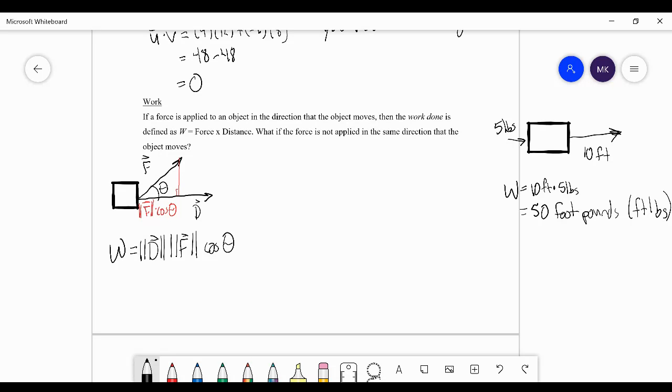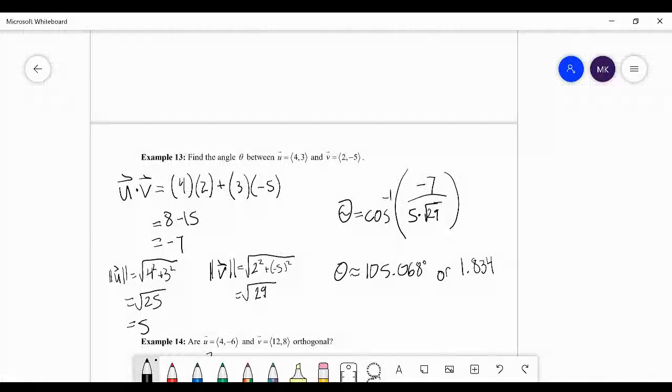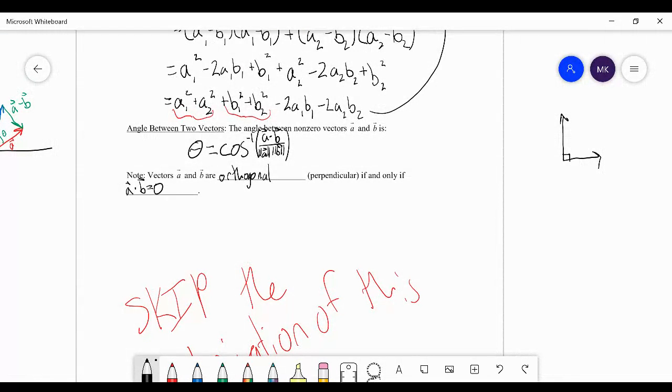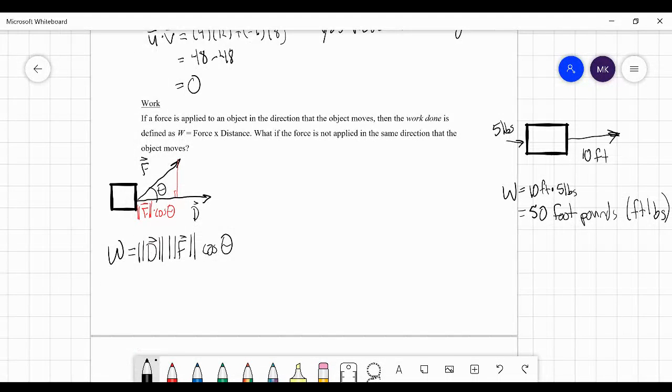And now we're going to do something a little crazy, and we're going to show that this is just simply the dot product of F and D. And it relies on, if we scroll back up, that theta is the inverse cosine of the dot product divided by the magnitude, which means instead of taking the inverse cosine, we can leave it as cosine of theta is the dot product over the product of their magnitudes.